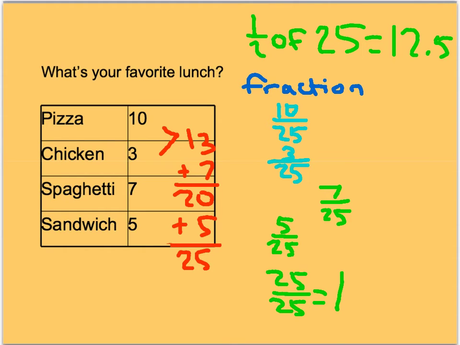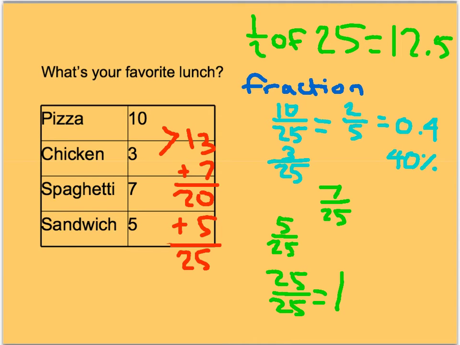In fact, we could even write the simplest form of this. 10 25ths is, let's see, I have to think too. It is 2 out of 5. 2 out of 5 is actually 0.4, or if we write that as a percentage, it would be 40%.